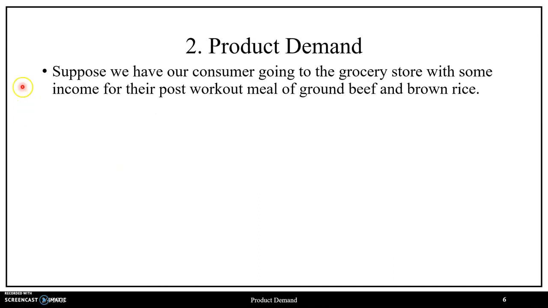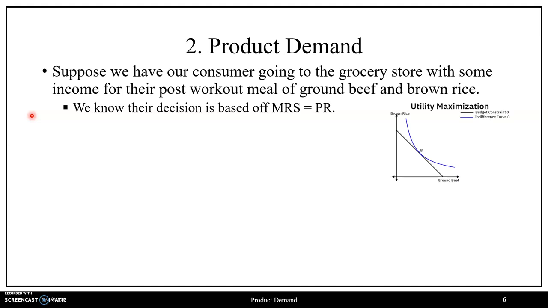So suppose we have our consumer going to the grocery store with some income for their post-workout meal of ground beef and brown rice as before. We know that their decision is based off of the marginal rate of substitution equaling the price ratio, where we have our utility maximization process on the right, quantity of brown rice on the vertical, quantity of ground beef on the horizontal.